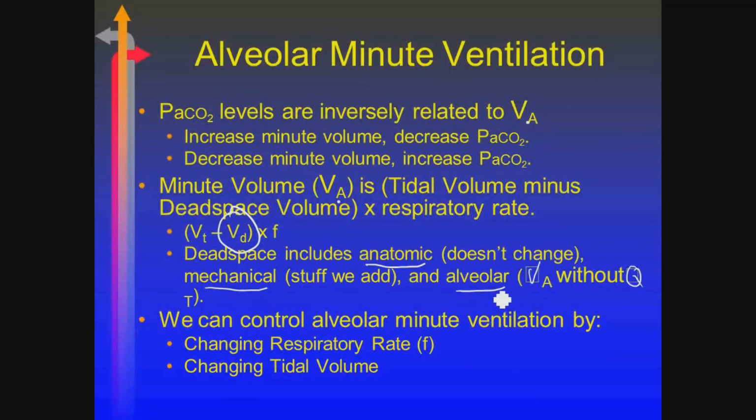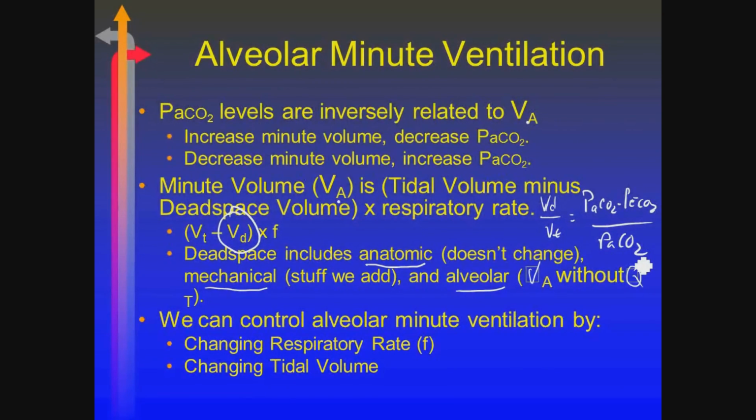And when we're talking about the Bohr equation, where we were measuring the VD/VT ratio, that's an E. Does that vaguely look familiar?